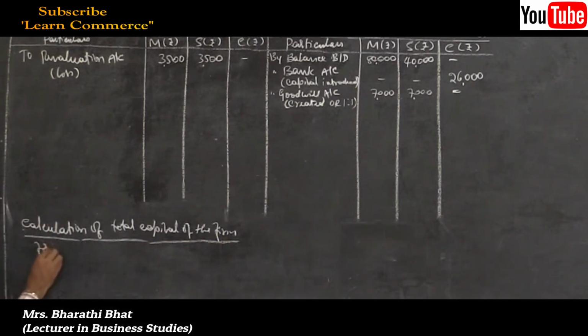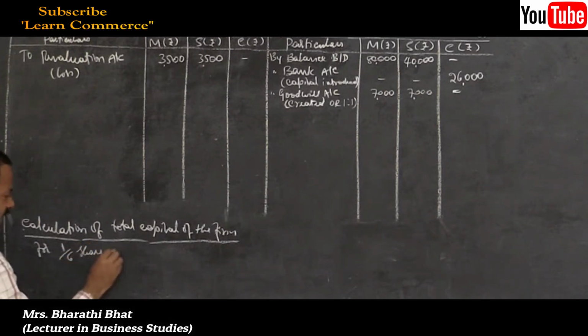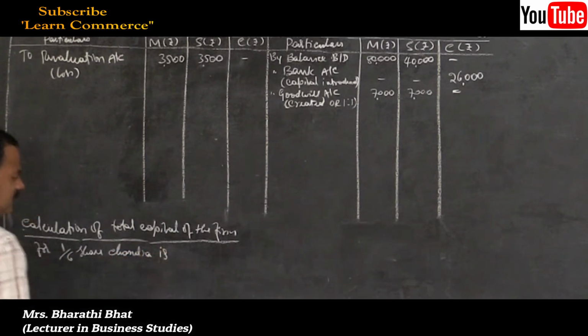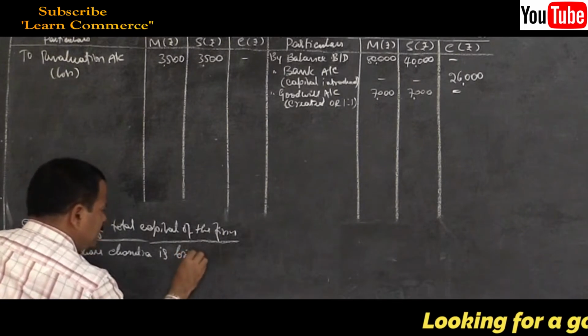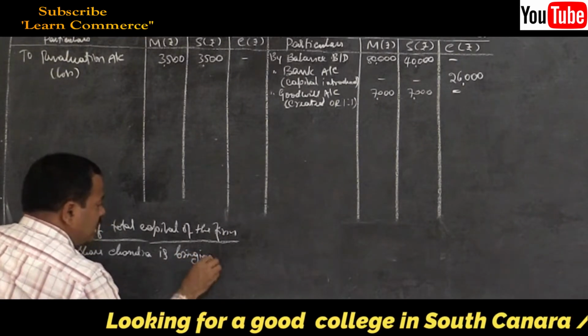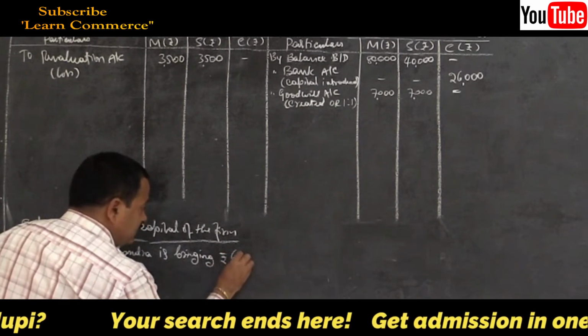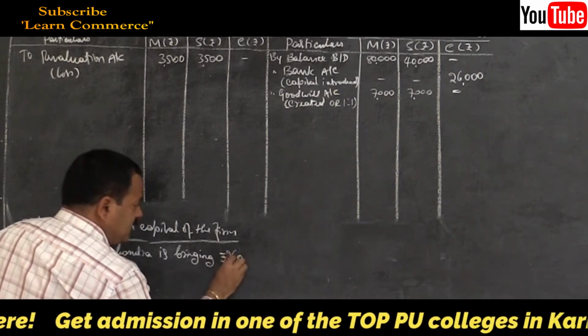For 1 by 6 share, Chandra is bringing rupees 26,000.